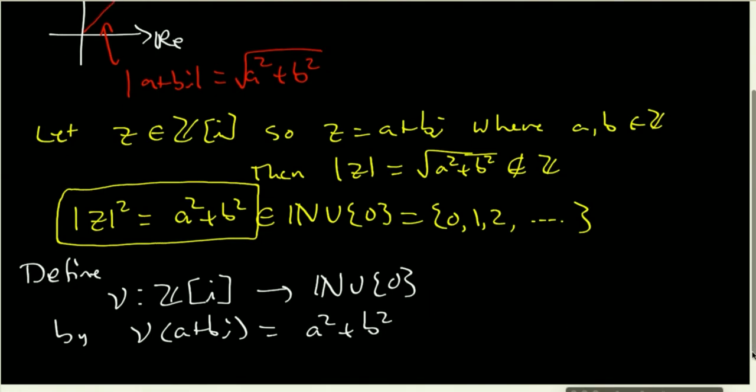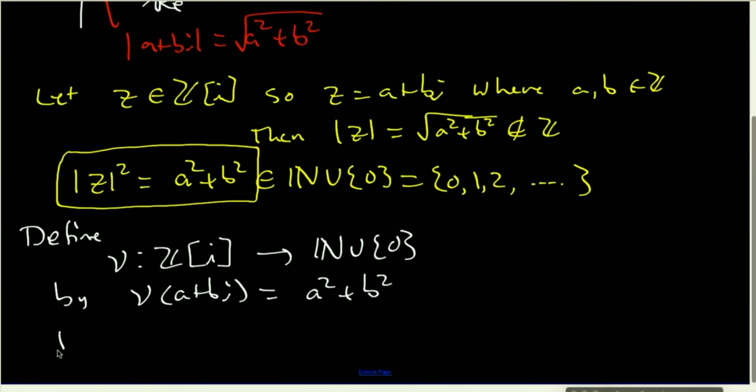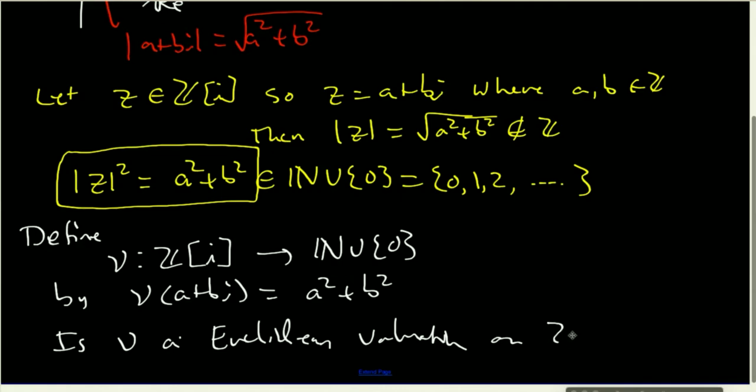And the question now is: is nu a Euclidean valuation on our set of Gaussian integers? Now that means we have to verify both properties. Well, let's look at the first property.